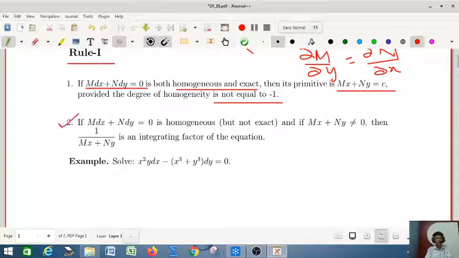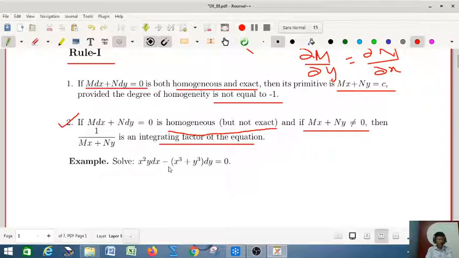Now this one is important. Number 2: if M dx plus N dy equal to 0 is homogeneous but not exact, so it will not follow del M by del y equal to del N by del x, and if Mx plus Ny not equal to 0, then 1 by Mx plus Ny is an integrating factor of the equation.